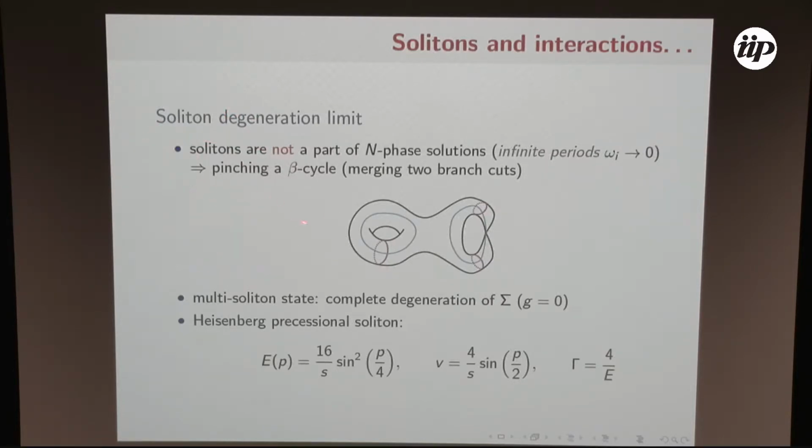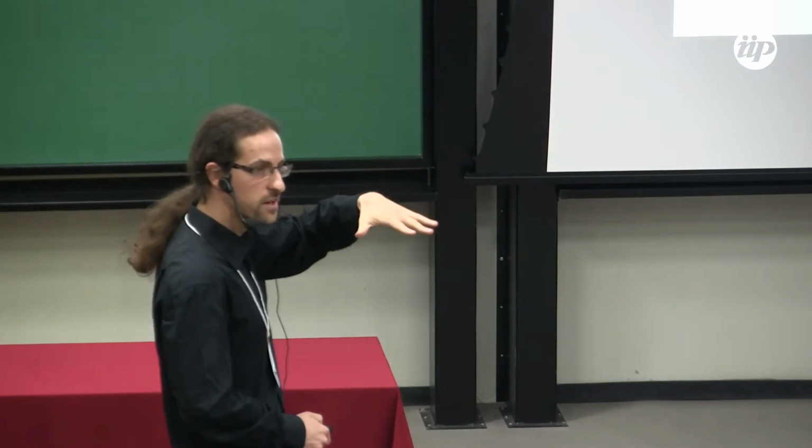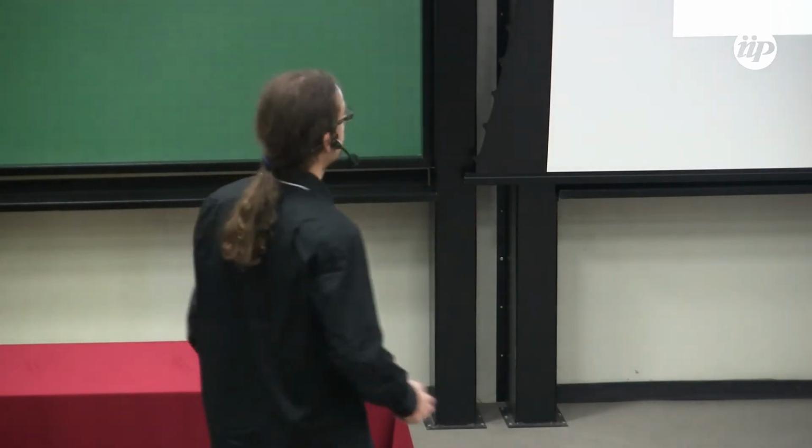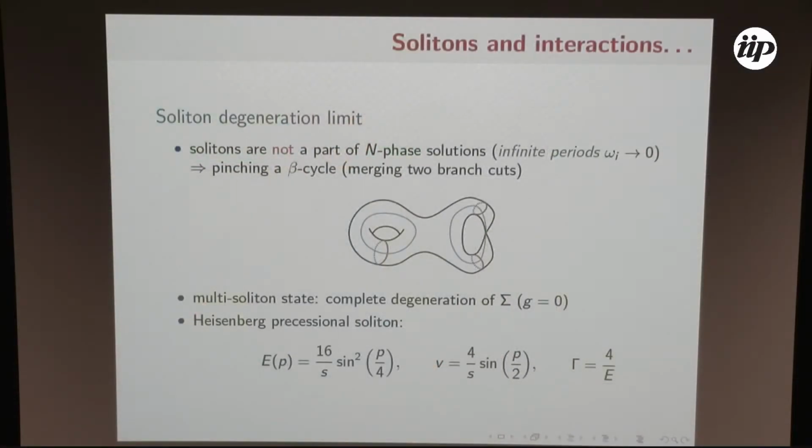So what you have to do is take a beta cycle of the surface and squeeze it to a point. In the process, when you pinch one cycle of the surface, you reduce the genus by one unit, and when you do that, you generate a soliton on top of your solution. And then if you want to construct an exact multi-soliton state, what it amounts to is a complete degeneration of this surface.